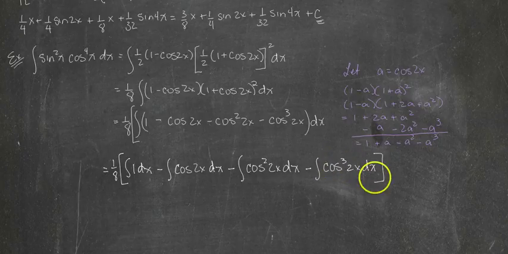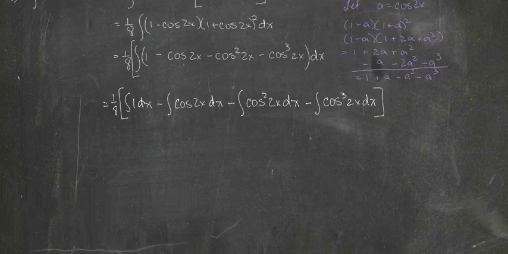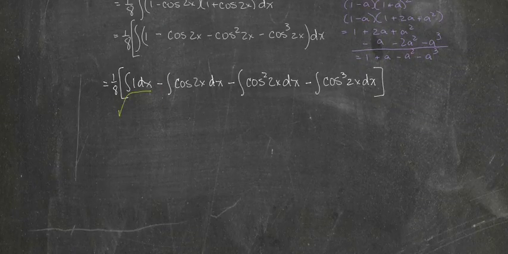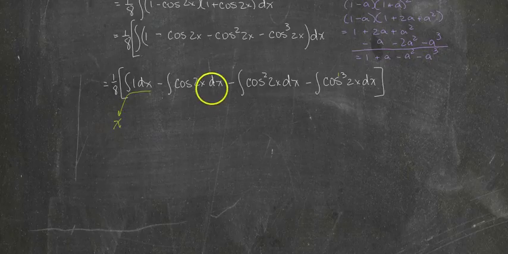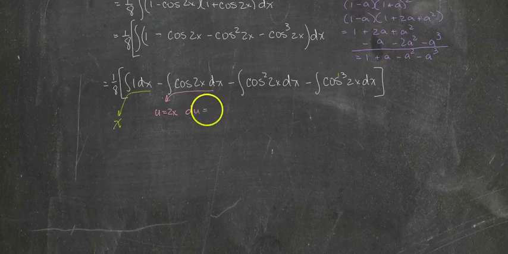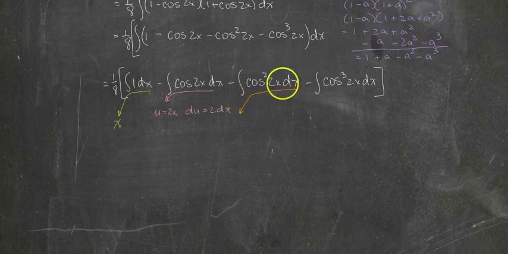And let's look at what we're dealing with. So this one, easy peasy, x. This one is going to use a u substitution. u equals 2x, so du equals 2 dx. For the third antiderivative, we're looking at cos 2x squared, which is even.